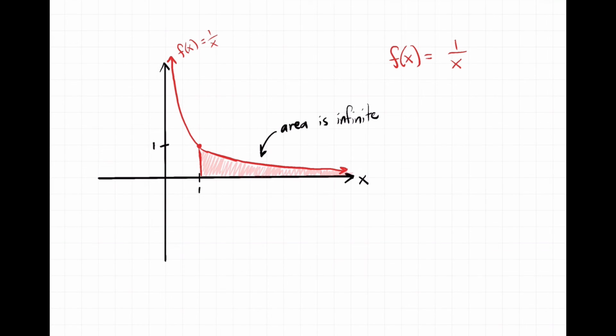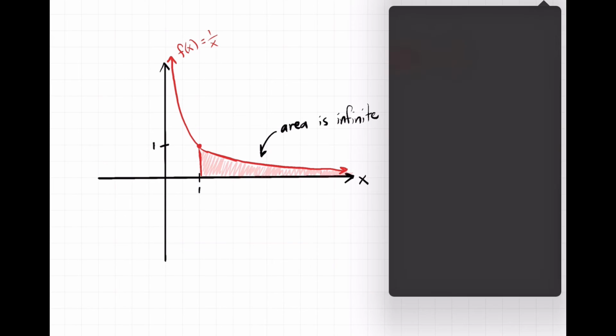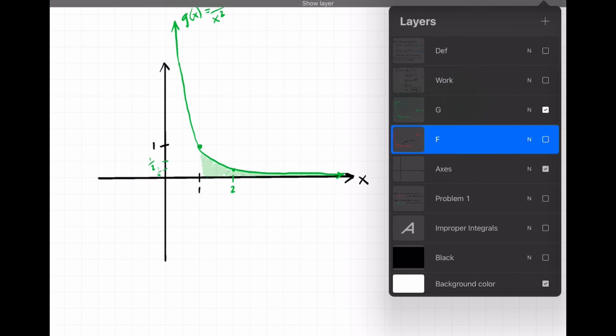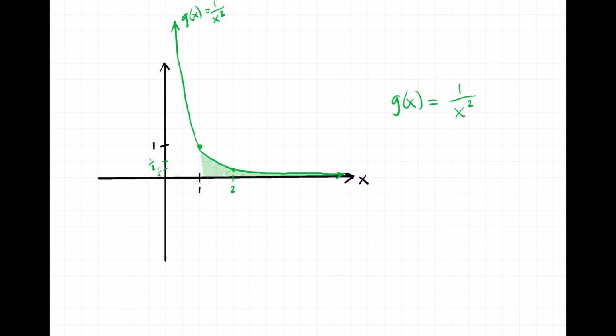Let's look at our other function now. So g of x equals 1 over x squared. This function looks very, very similar.